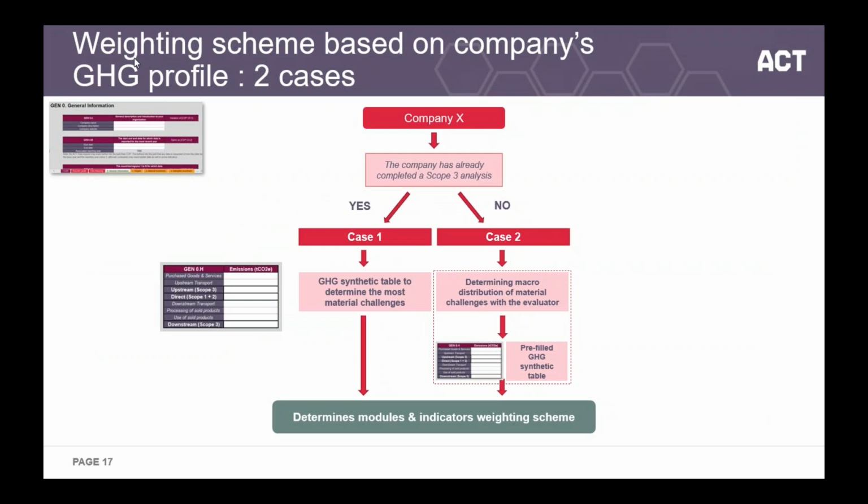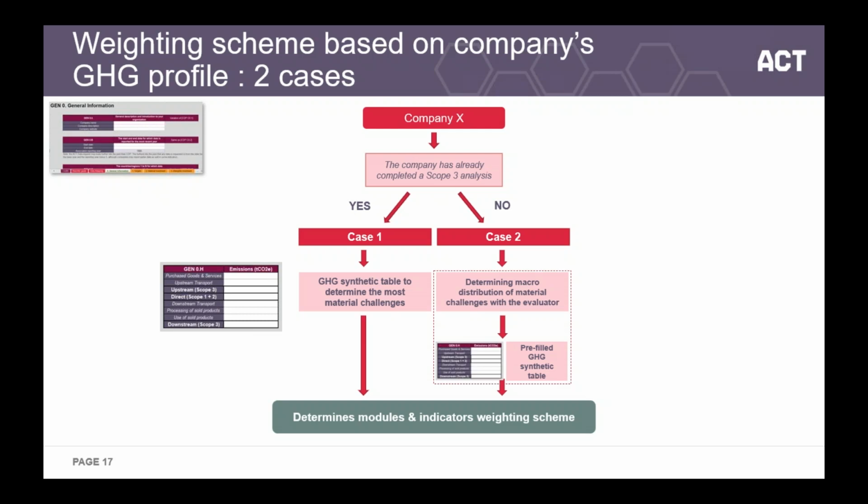So first of all, the question is how are we going to tailor the methodology for each company, considering that we have to face a wide typology of companies. So the idea is to base the weighting scheme that I will present after on the company's greenhouse gas profile. So we may have to face two main cases.